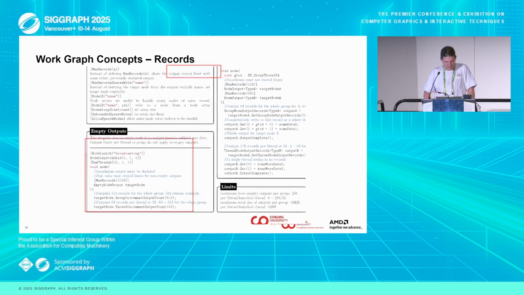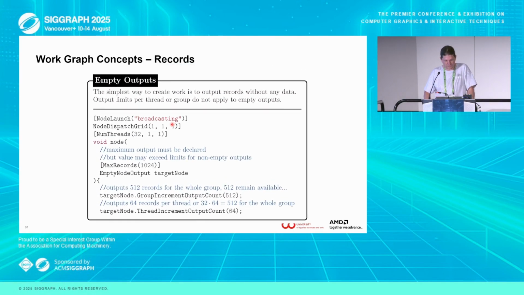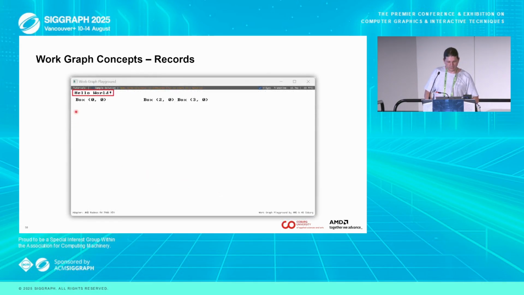So there are these 2 concepts here of group increment output count and thread increment output count, nicely summarized. So if you add this little line, group increment output count 1, you can finally see hello world without the red box. But we're going to need this group increment output count for your homework. So bear in mind that you keep your cheat sheet and take it home.